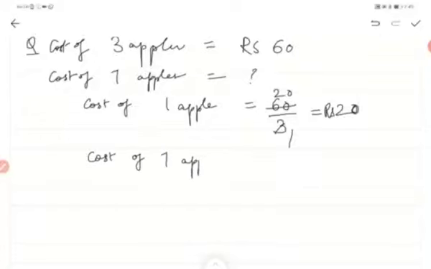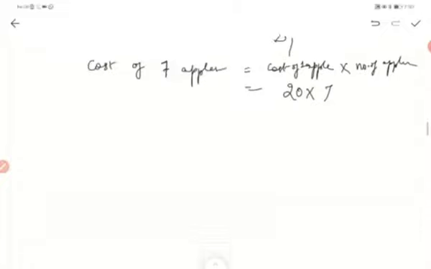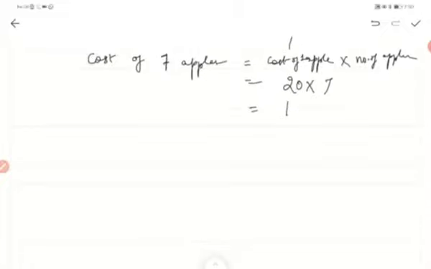The cost of 7 apples will be cost of 1 apple into the number of apples we need to find, isn't it? So cost of 1 apple is 20, and how many do we want to find? 7 apples cost, so it is 20 into 7. So this is equal to 140 rupees.